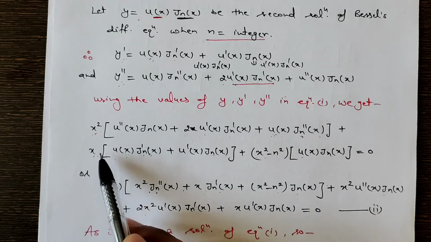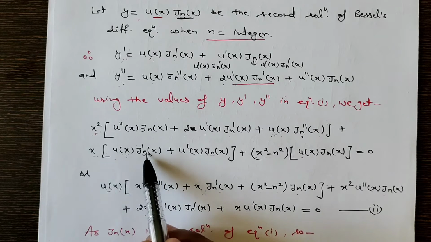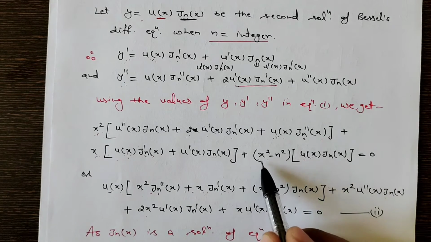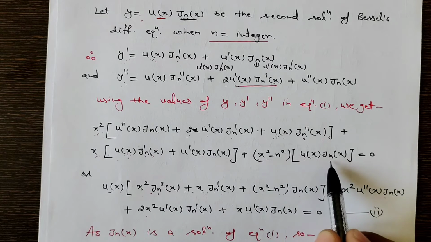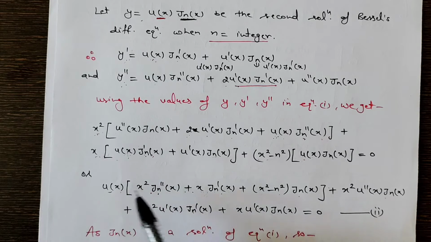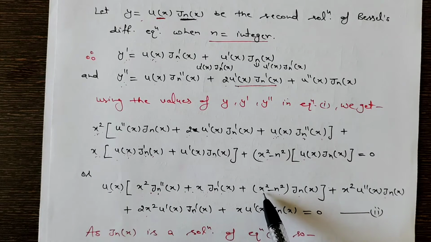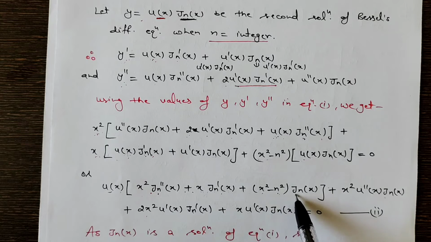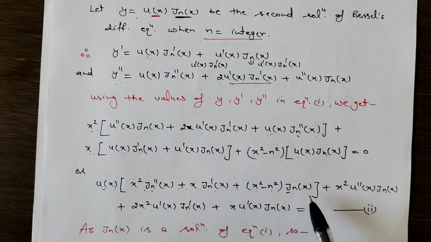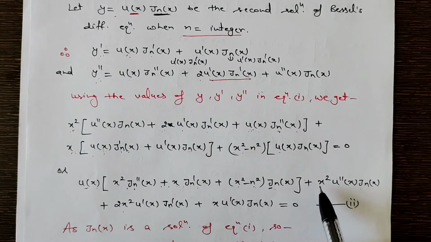After taking ux common, the remaining term will be x into Jn prime x, plus the next term, x square minus n square into ux into Jnx. After taking ux common, the remaining term will be only x square minus n square into Jnx. So these are three terms from which ux is taken common, bracket close.